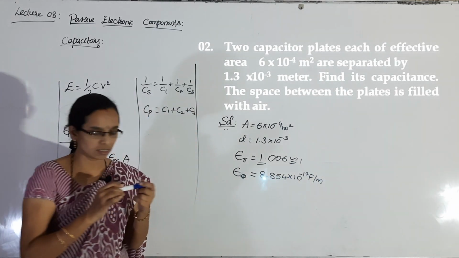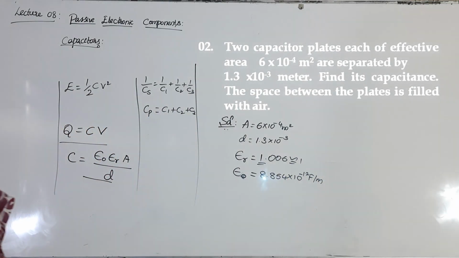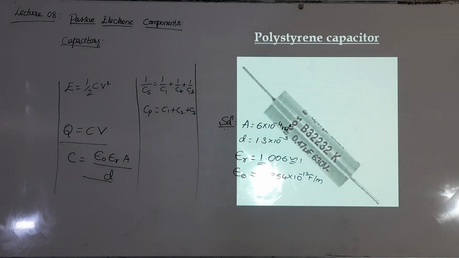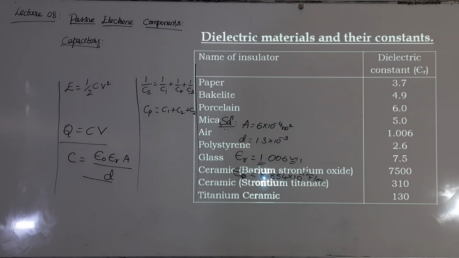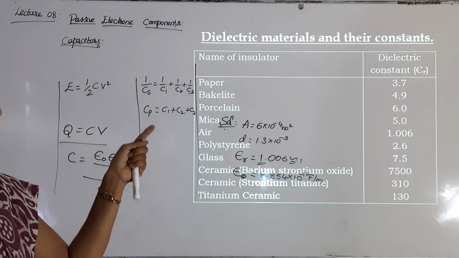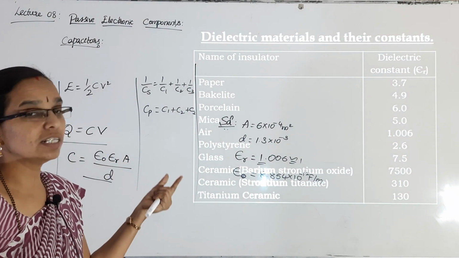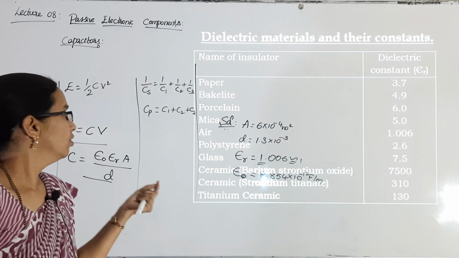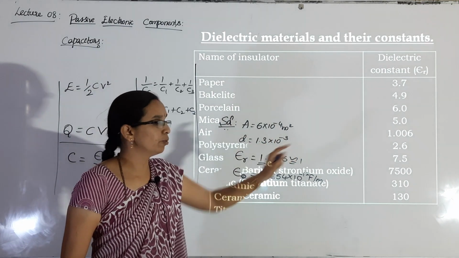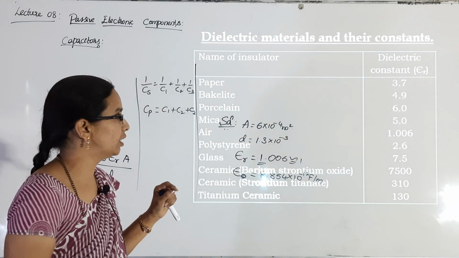How will you find this? See, for each dielectric material, the permittivity of the dielectric medium, we have a chart for that. For that, air is 1.006, approximately equal to 1 we can take.